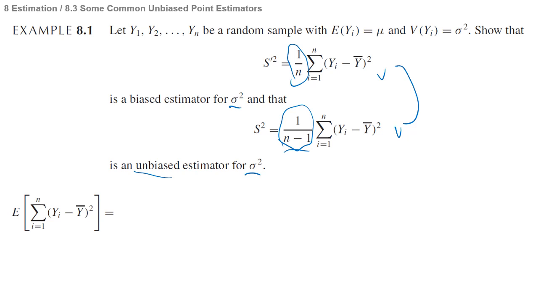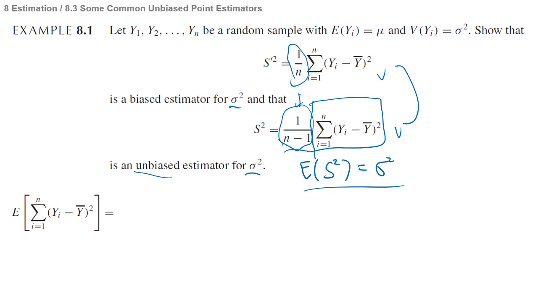Okay, so let's prove it. How to show that it is an unbiased estimator? By definition, if expected value of s square equals sigma square, then this is an unbiased estimator. And to prove that, it is just calculating the expected value of this part, since 1 over n minus 1 is just a constant term.